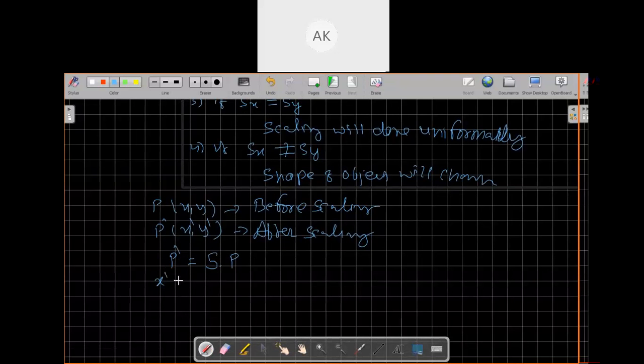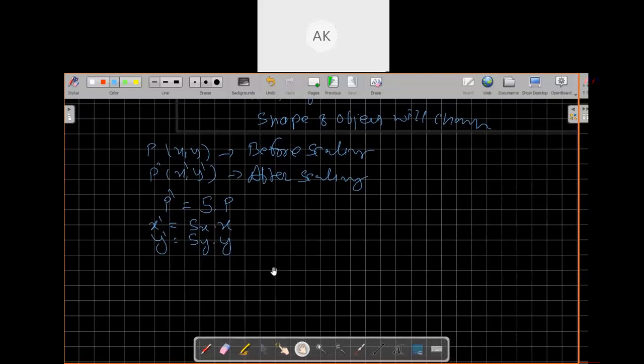Let's see. Just consider the position of your object, or the point, is x y, and after scaling the coordinates are x dash y dash. So these are the coordinates before scaling, and these are the coordinates after scaling.